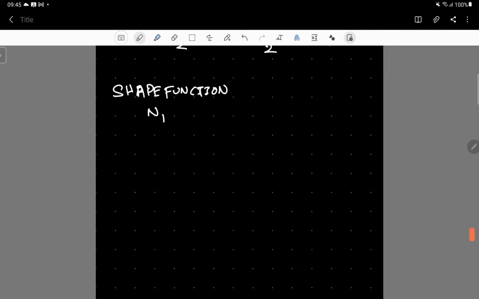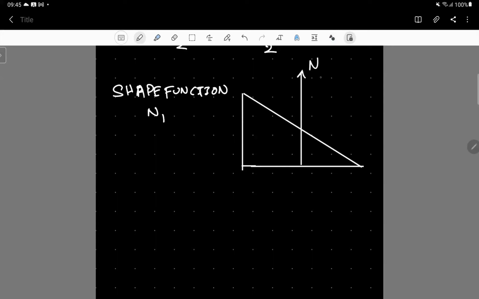S defines the local coordinate system, the natural coordinate system, and at node number 1 and 2, we know the S value should correspond to -1 and 1.